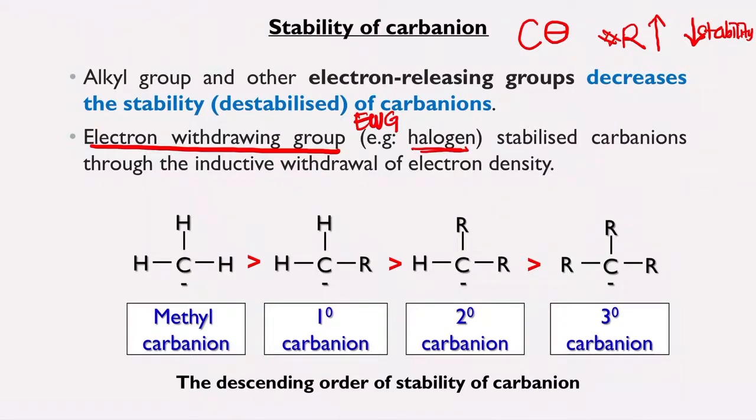Okay, halogen banyak elektron, so halogen is very electronegative, so dia boleh stabilize your carbanions by withdrawing the electron density towards itself. Withdrawing the electron density from carbanion towards itself. Okay, kalau yang macam ni, ini R ni alkyl group, so dia terbalik lah dia punya case. Okay, this is a descending order of stability. Lagi banyak alkyl group, lebih unstable awak punya carbanion.